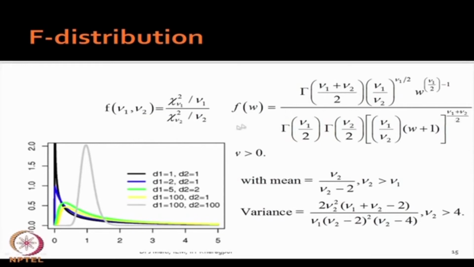So this distribution is characterized by numerator degrees of freedom and denominator degrees of freedom. And when do you use the F distribution? When you derive any quantity which is the ratio of two chi-square variables, a weighted ratio, where the weight is nothing but 1 by the degrees of freedom.